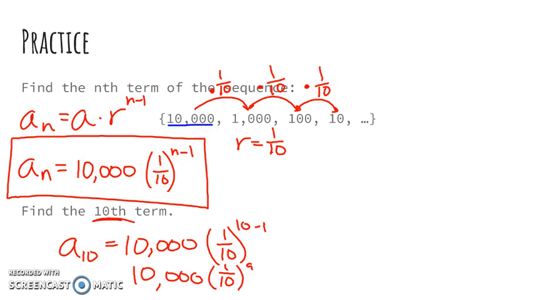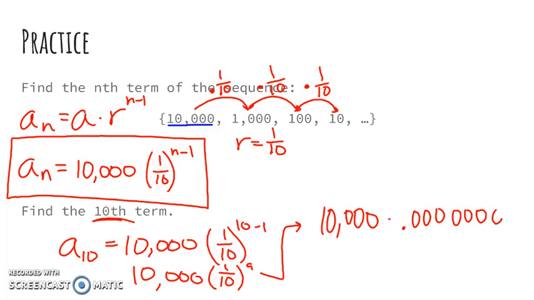to the 9th power into my calculator, and I get 1, 2, 3, 4, 5, 6, 7, 8. Got 8 zeros. So I'm going to have 10,000 times 0.000000001.